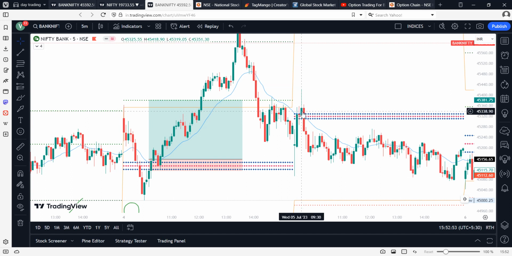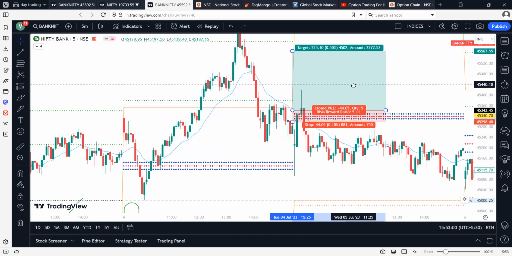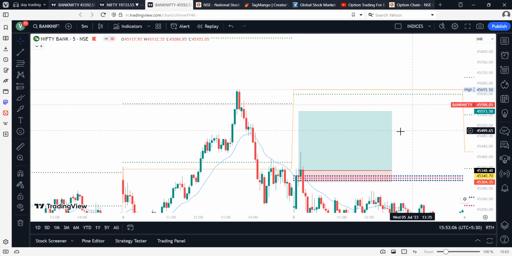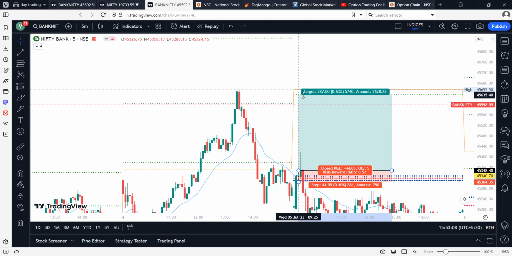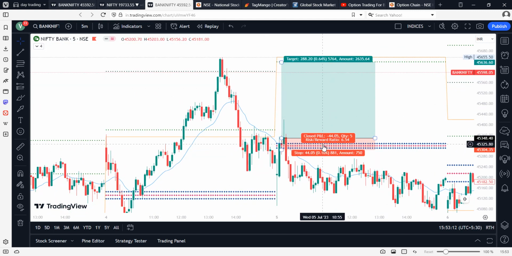When you enter at this candle or close of this candle, you put your stop loss below the CPR or below the entry candle, somewhere here around 20 points. Okay, and what is your target? This is your target.